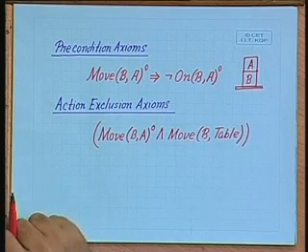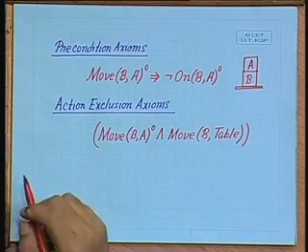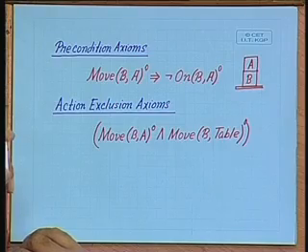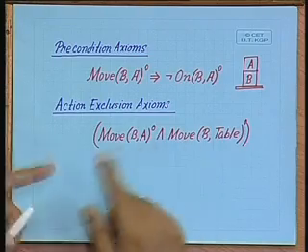This says move B to the top of A and in the same time step move B to table. Now, we can't move the same thing to two different places in the same time step.